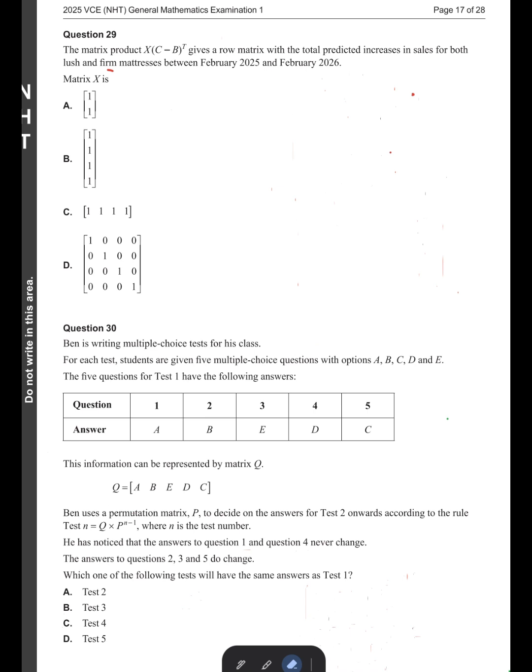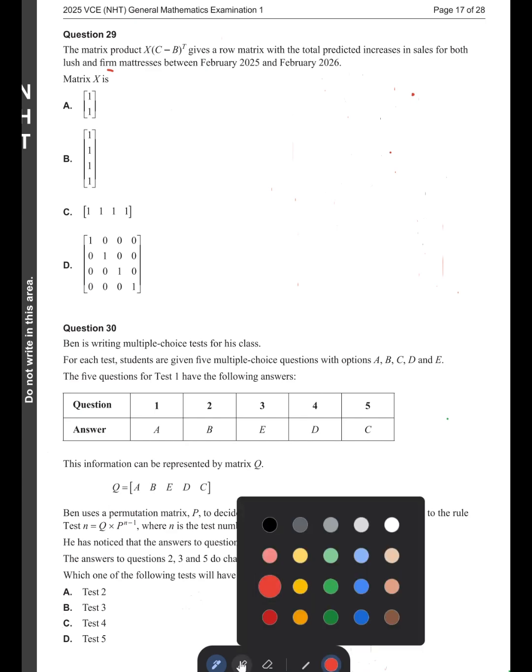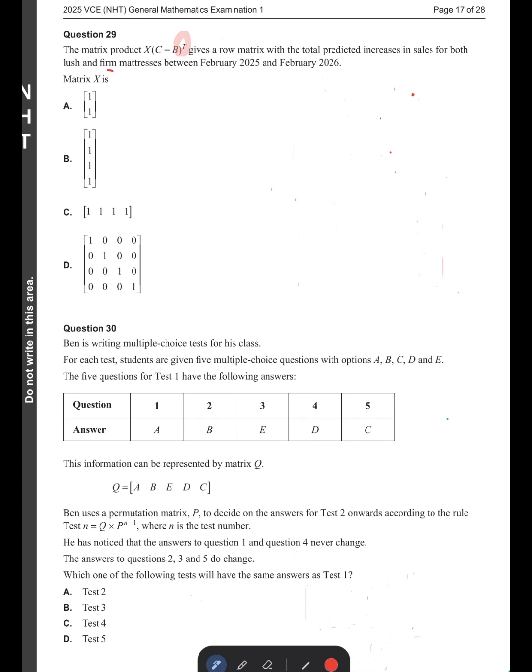All right, so make the matrix product x(C − B)^T, where the T means transpose, with the total predicted increases in sales for both Lush and Firm between February 2025 and February 2026. So we've got C minus B, which is just going to give us a 2x4 matrix.